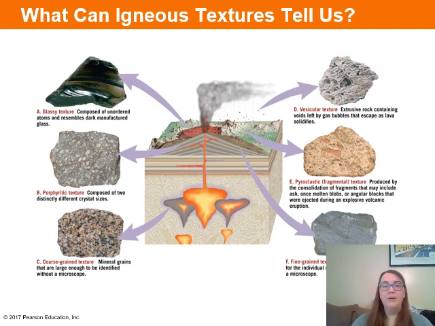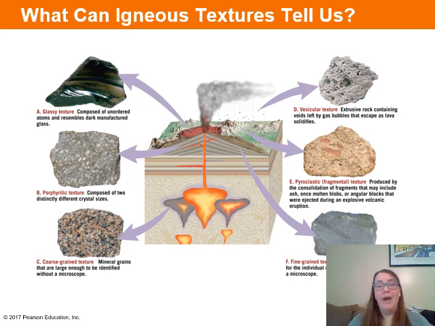And our final extrusive rock is our general fine-grained texture, the ones that cooled off rapidly, where we're going to need a microscope in order to see the individual crystals.